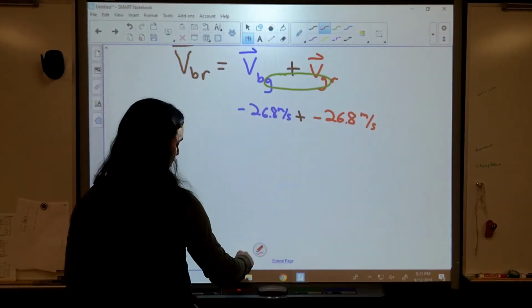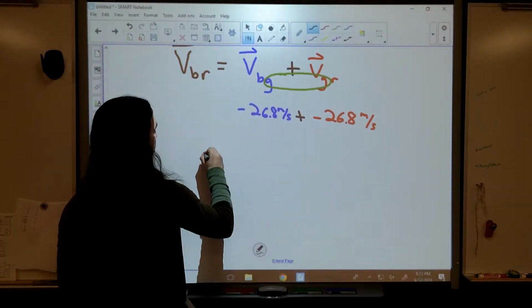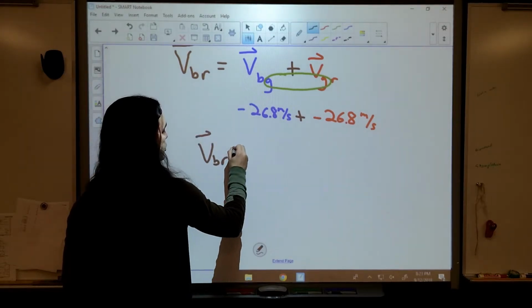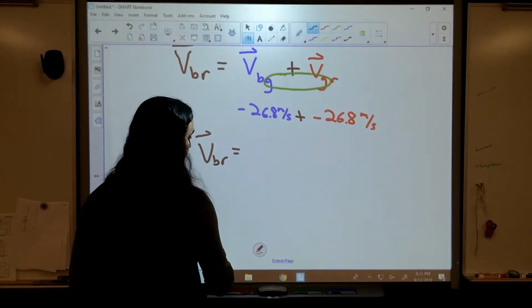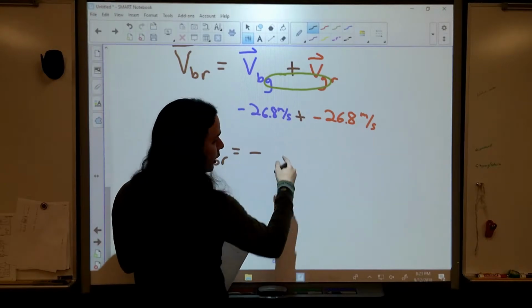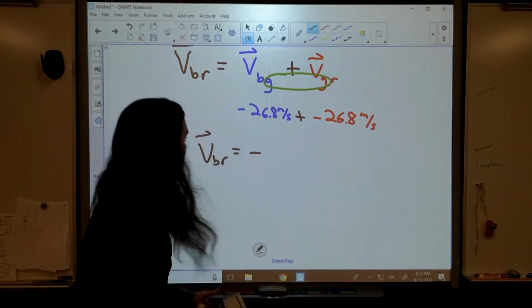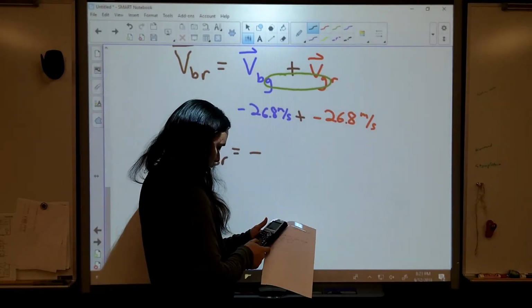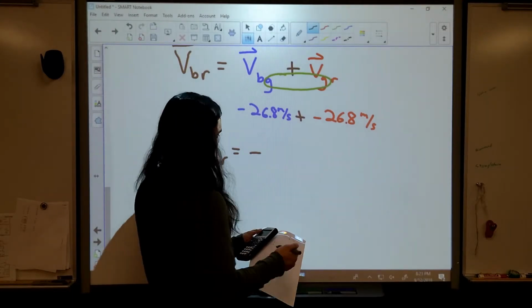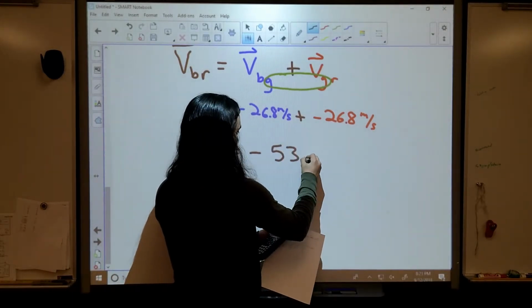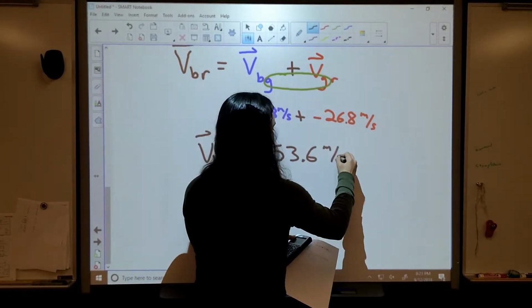And what we find is that the velocity of the blue car from the red car's point of view is negative whatever that's going to be. You can laugh at me all you want about whether I can do this in my head. I probably can, but I don't want to get it wrong. So here we go.